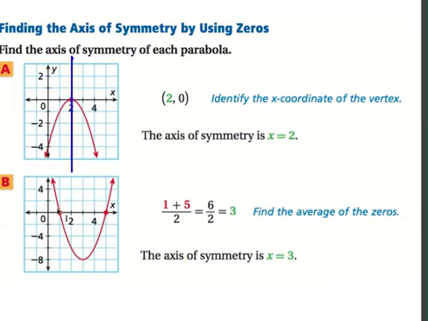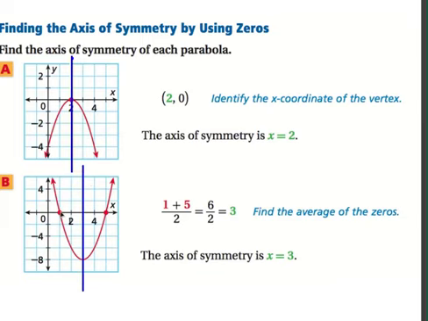Now when you have two zeros, so this is a function that has two zeros, the axis of symmetry also goes through the middle, and since it has the property of being exactly in the middle, it has the same distance from each zero. So here the axis of symmetry goes through the middle, and the middle is right here.